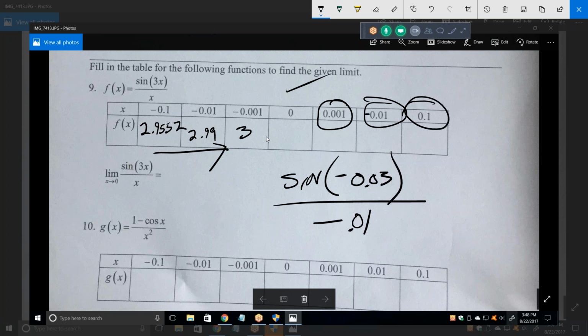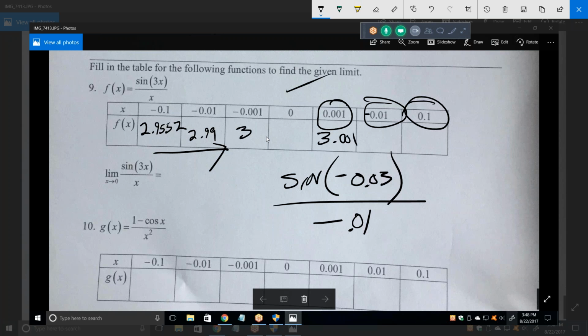So what's 0.001? Take the sine of 0.003 and divide it by 0.001. 3. Just 3, no decimals? Well, it's 3 point because it's so close to 3. Well, we'll call it that.